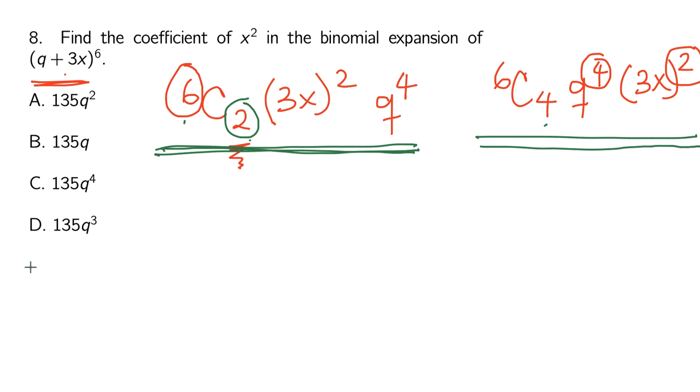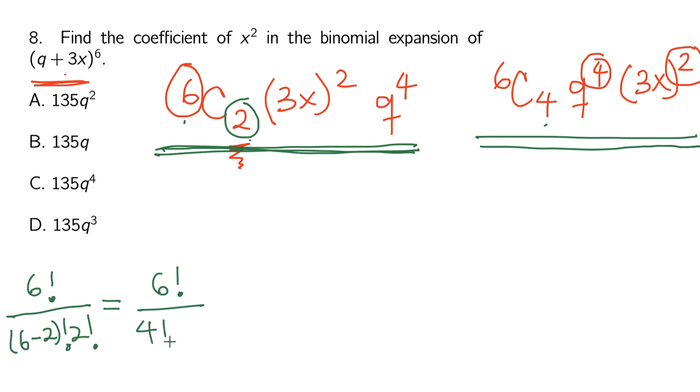6 combination 2 is the same as 6 factorial over 6 minus 2 factorial times 2 factorial. This is equal to 6 factorial over 4 factorial times 2 factorial, which is equal to 6 times 5 over 2, which is 15. We get 6 times 5 because 6 factorial over 4 factorial is just 6 times 5.